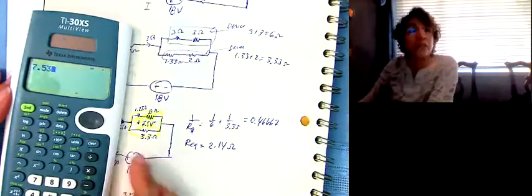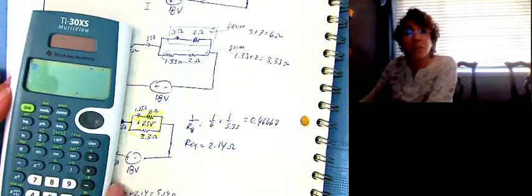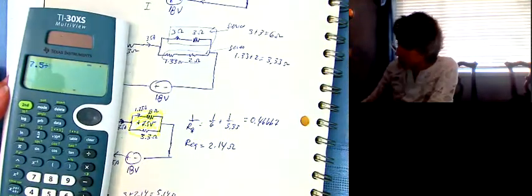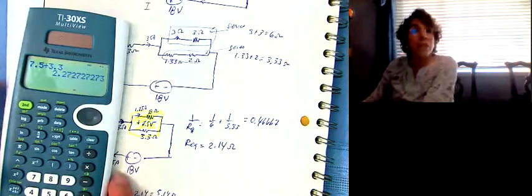I'm not hitting the right buttons here. 7.5 divided by 3.3 is 2.27. So I got 2.27 amps.